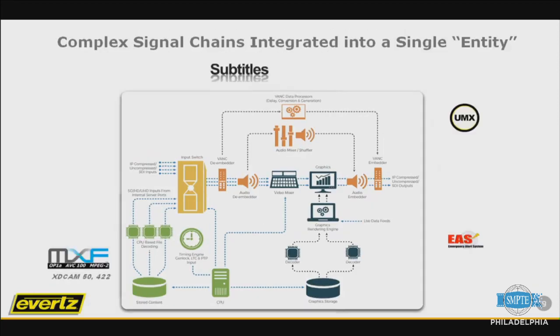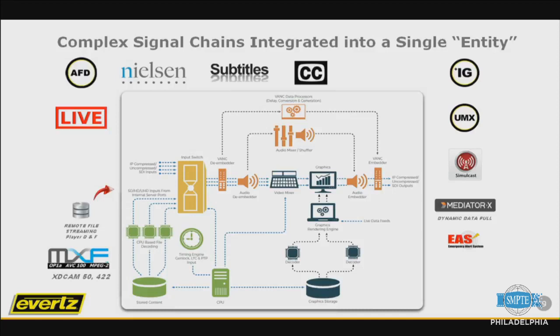Here's some of the things that we have capabilities to do inside our software-based playout systems. You can see we've got up-down conversion, down mix, up mix, IntelliGain for CALM Act compliance. All that kind of thing is capable of being done inside computer systems.